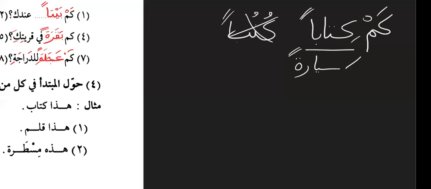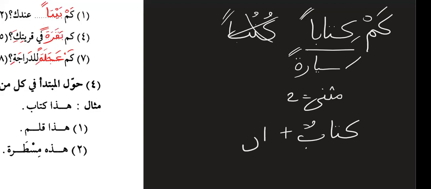And we studied muthanna, which is jul, two. So for example, kitabun plus, what do we add to the word to make it jul? Ani.